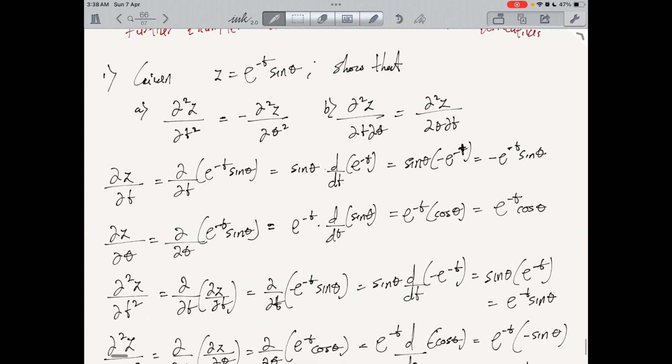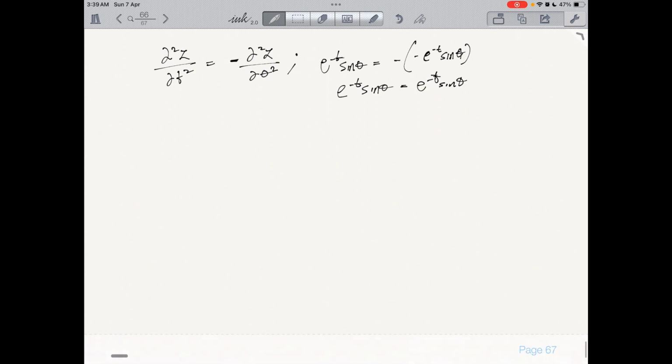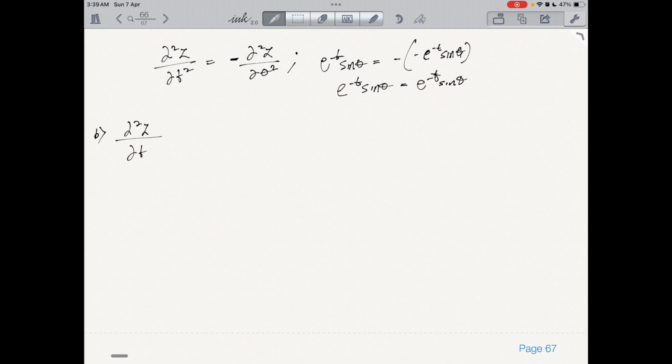So the next question says show that d square z/dt d theta is equal to d square z/d theta dt. So let's begin with d square z/dt d theta, and this is equal to d/dt of dz/d theta.